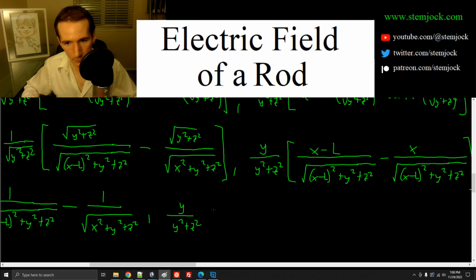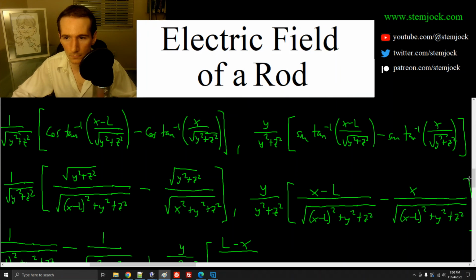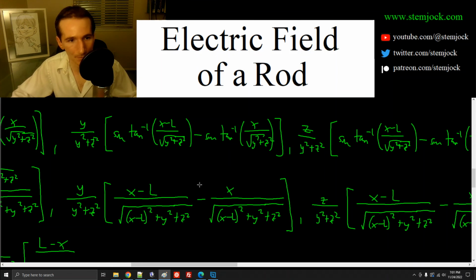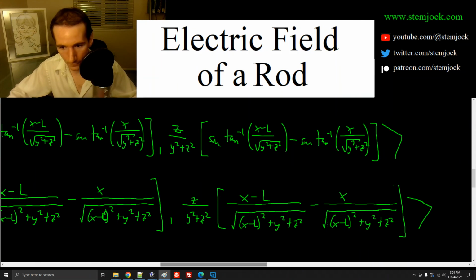It's going to be pretty much the same thing, but L minus x over... oh, I realized I just made a mistake. Instead of L here, this is going to be 0, and this here is going to be 0 because this is minus 0. So these two should be the same.